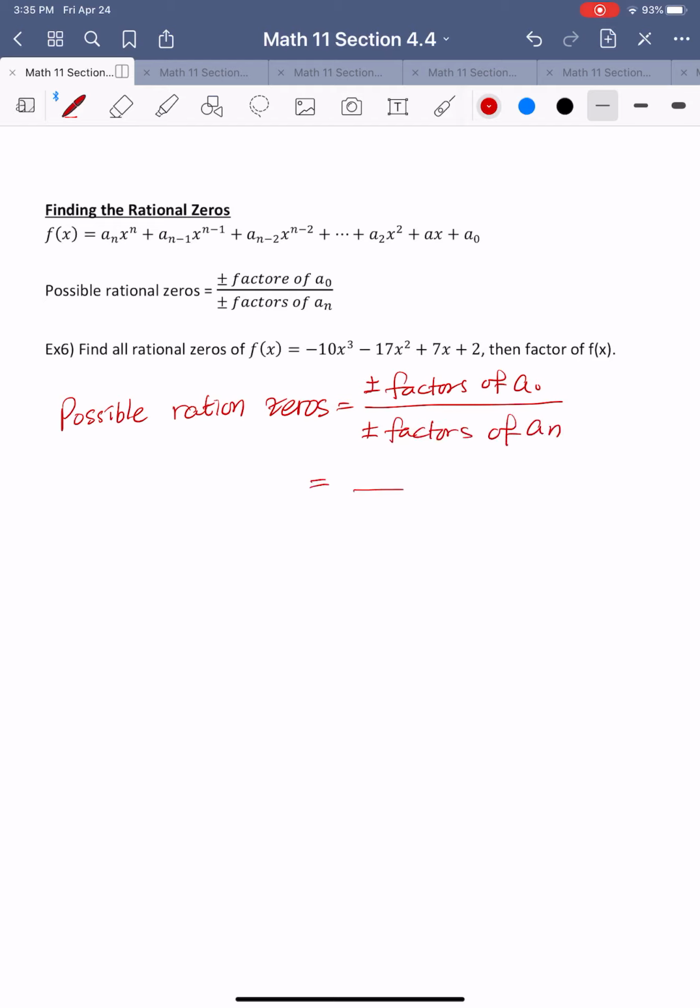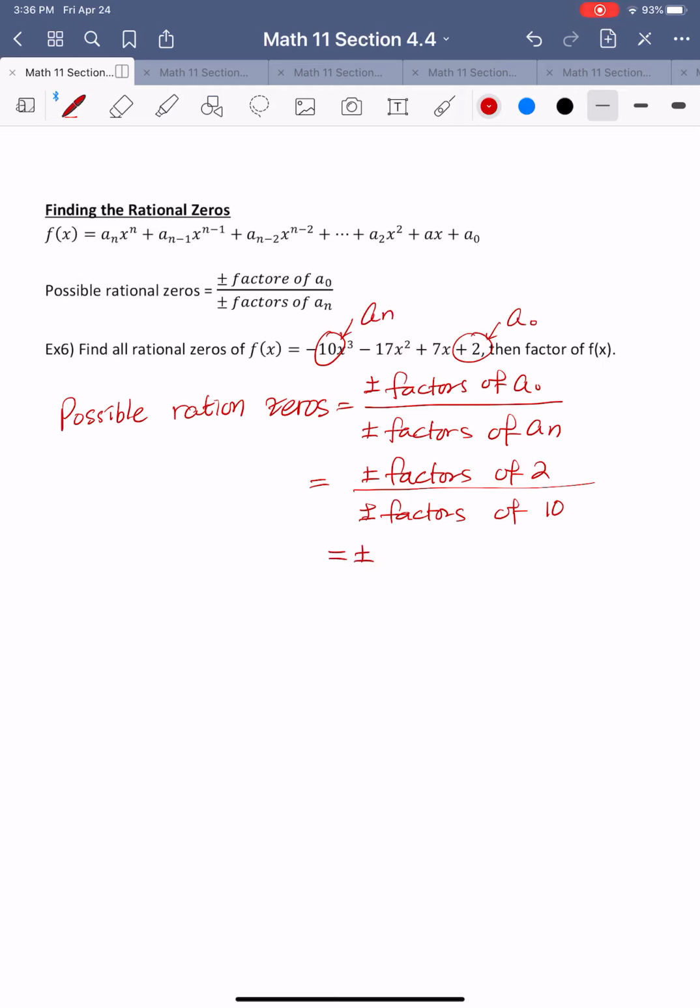So the factor of a sub 0 is 2 this time, which is a sub 0. And then a sub n is 10, but you can put negative 10, but we don't really care about sign because the factor will be plus or minus anyway.